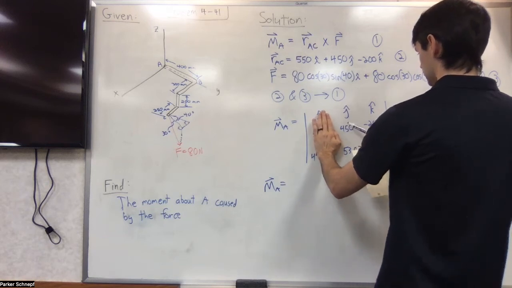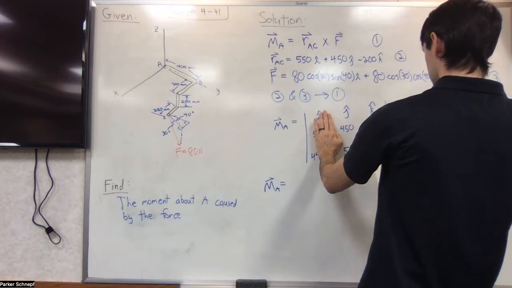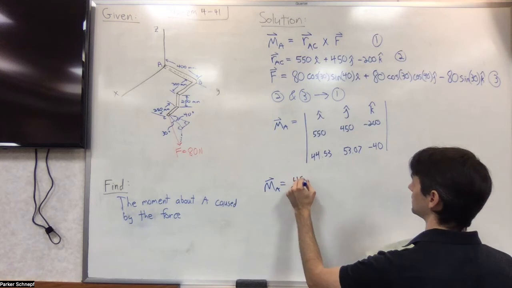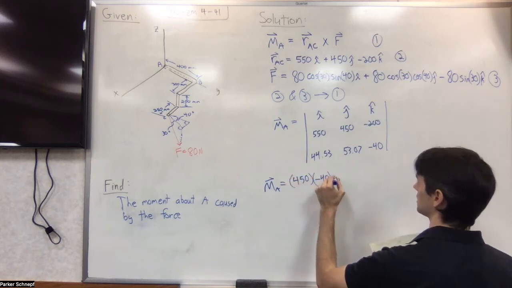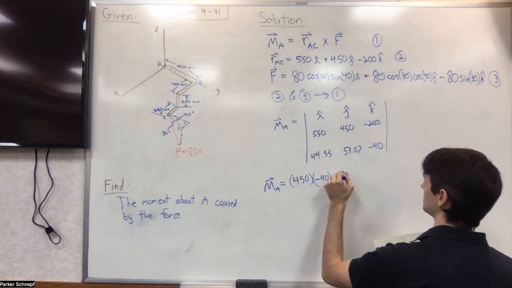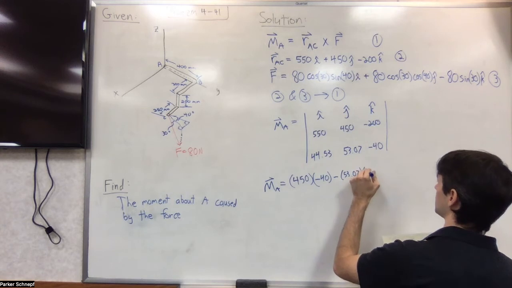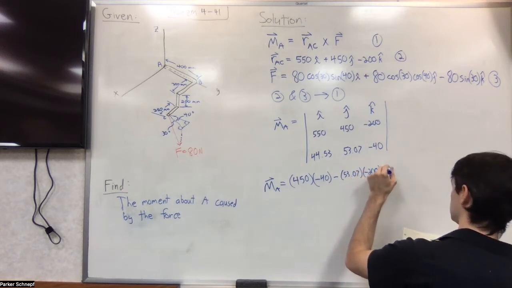So we do this X pattern where these multiply by each other minus these multiply by each other. So that gets me 450 times negative 40 minus 53.07 times minus 200. That's my I.